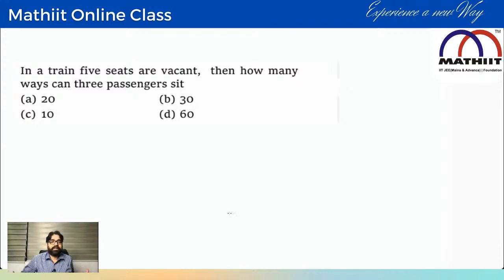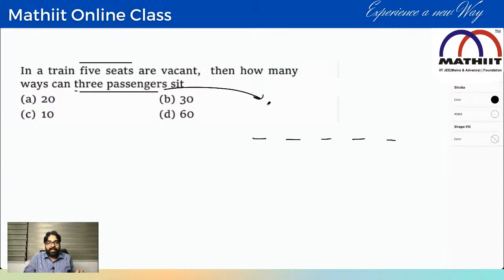I think everybody getting this is the best example of objects and places. Here, 3 objects, 5 places: 1, 2, 3, 4, 5. And all 3 objects are different. Humans are different objects. So first person can go and take a seat.